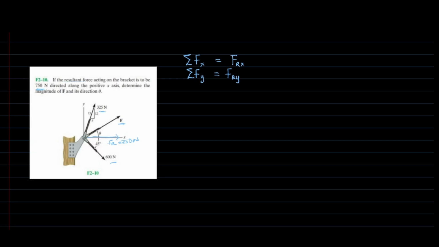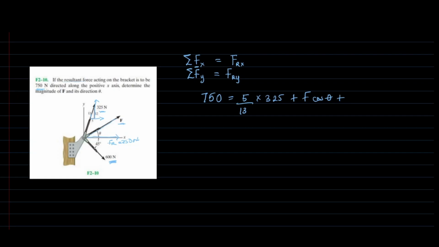Okay, so first we're going to resolve this. Frx is going to be 750 equals the summation of all the x components. Let's start with 325. For 325, its x component is going to be 5, this is its y component, 12. So it's going to be in the ratio 5 over 13 times 325, plus this F has its own x component, which is F cos theta, plus 600 newtons over here also has an x component.